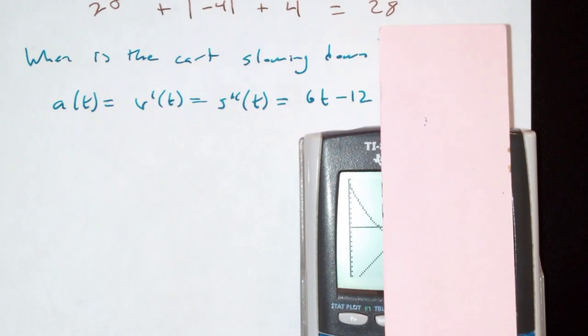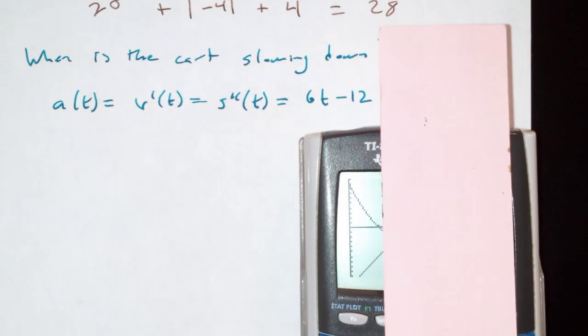Which graph is which again? One of those is velocity, one of those is acceleration. If you've got a color calculator, it'll be easier to deal with. I have this old black and white one. Which one's which? And that one's on the top. And acceleration is the line, and that one's on the bottom.